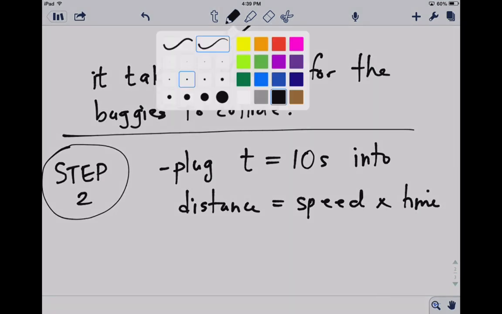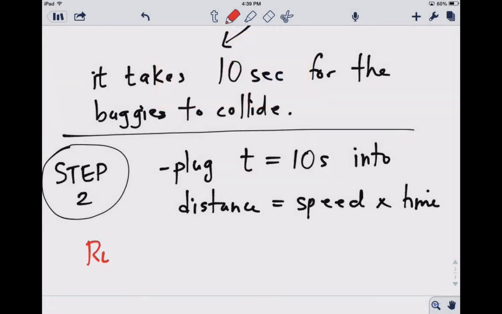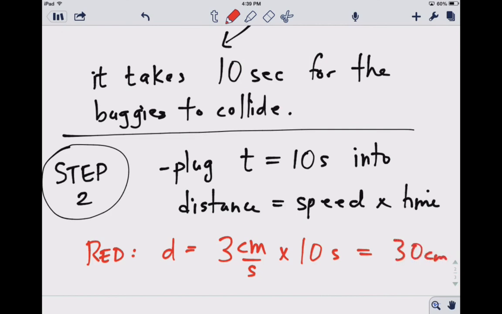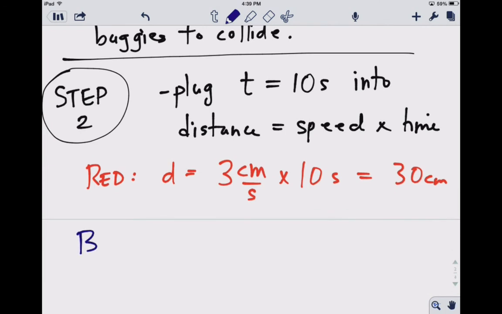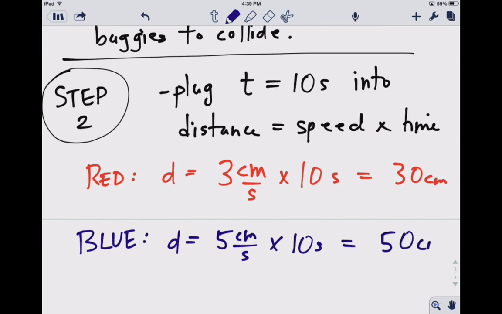So for the red buggy, d equals speed 3 centimeters per second times 10 seconds. That's 30 centimeters. Blue, d equals 5 centimeters per second times 10 seconds. That gets us 50 centimeters.